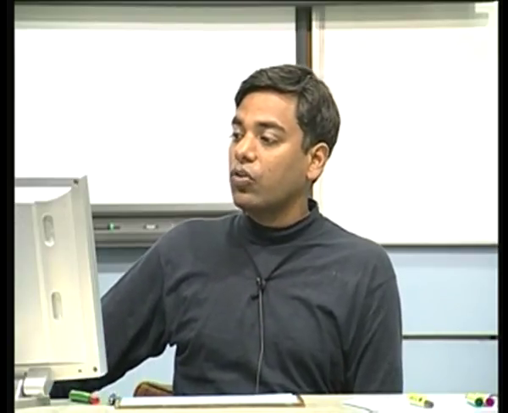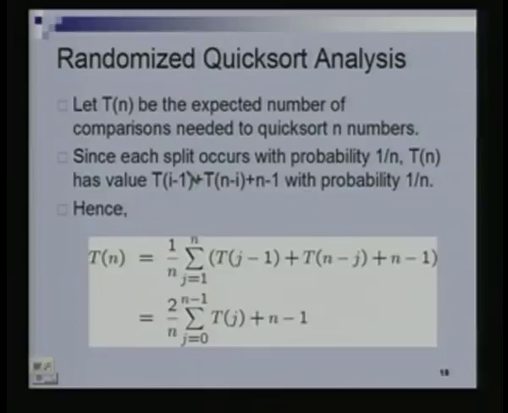Now I have to quicksort those i minus 1 elements, and I have to quicksort those n minus i elements. How much expected time am I taking to quicksort those i minus 1 elements? T of i minus 1. This is the expected time I take to quicksort these, and this is the expected time I take to quicksort the n minus i elements. So I will take this much amount of time in all.